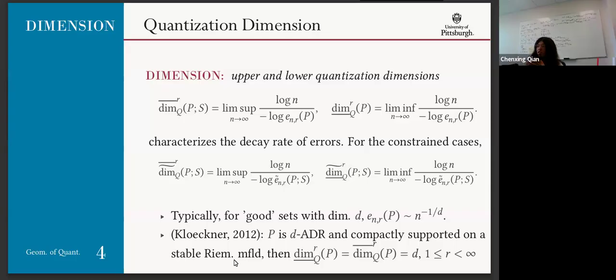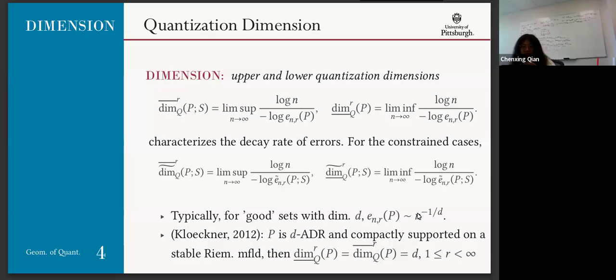What's good about the quantization dimension, and why it's called a dimension, is that typically for a set that is good enough, the decay rate of the error is n to the power negative 1 over d.